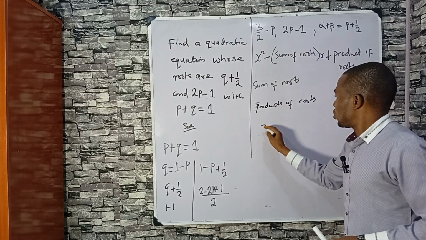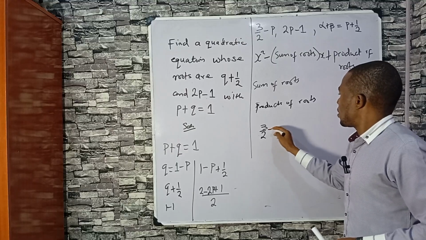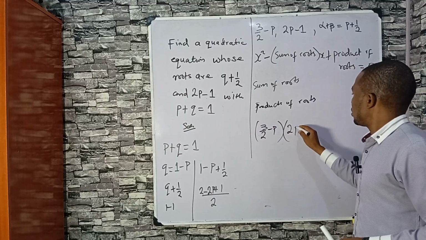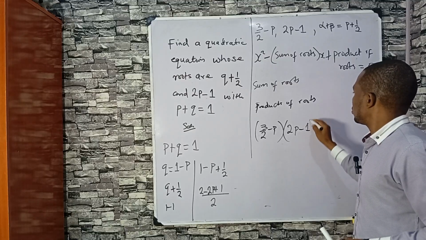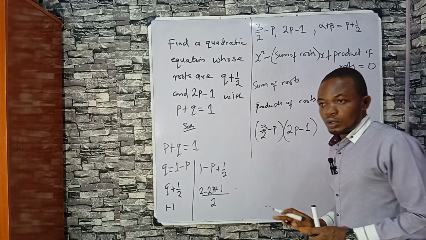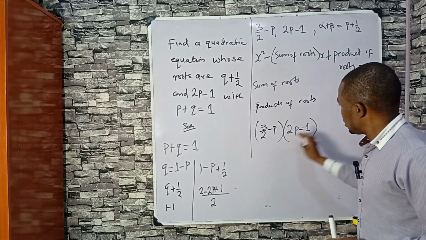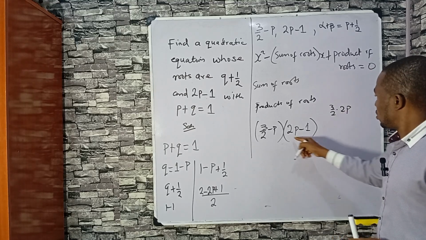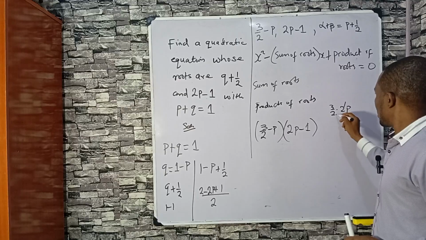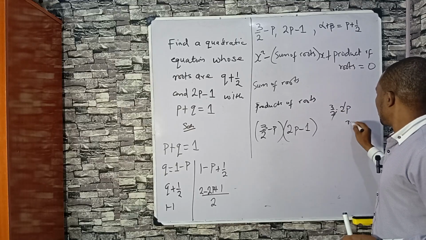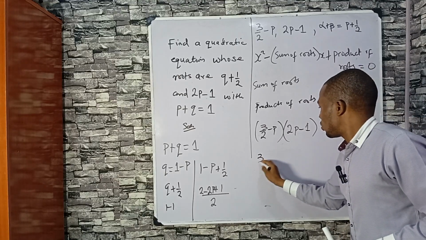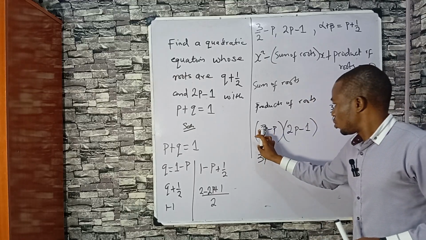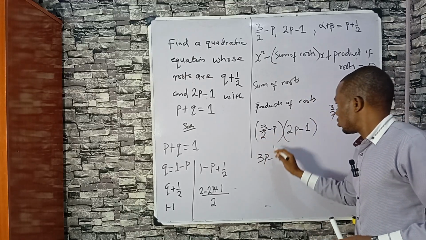Multiplying the two. So 3 divided by 2 minus p, times, open a bracket, 2p minus 1. Check carefully. Multiply this by this as 3 divided by 2 times 2p. This will cancel to have 3p left, the first one. Multiply this by this. This is plus, this is minus, so the answer will be minus.